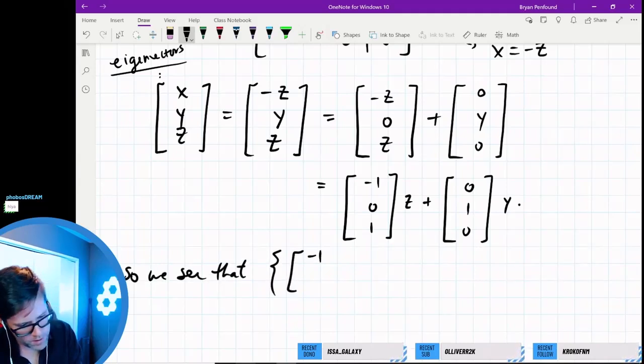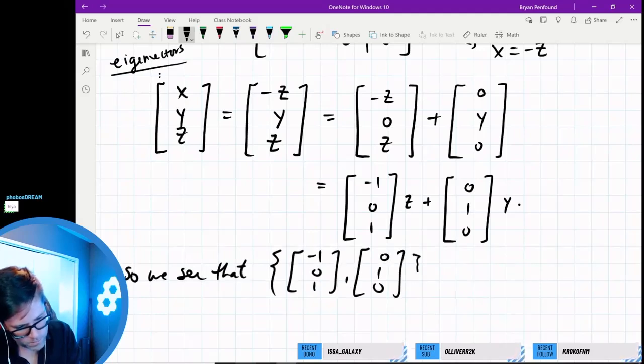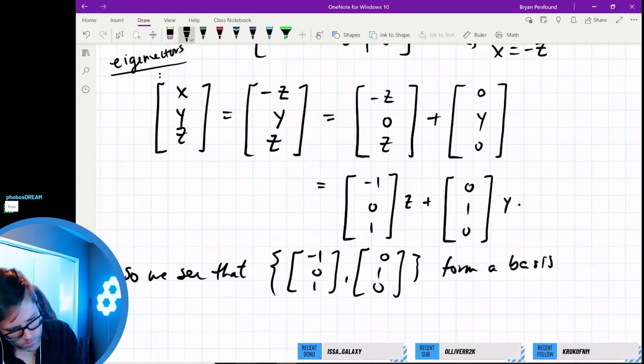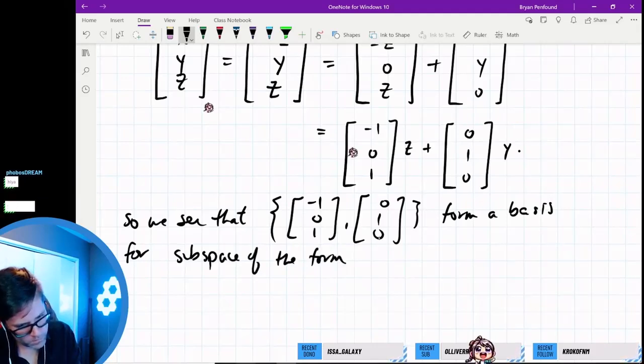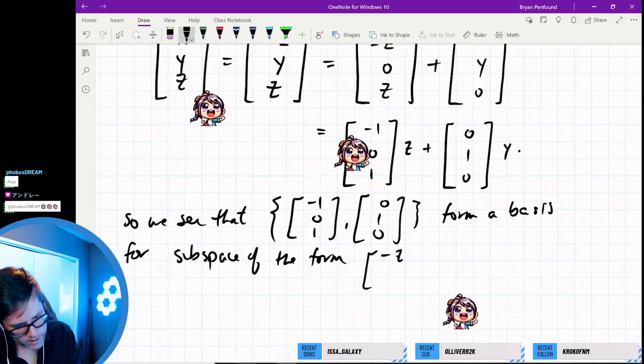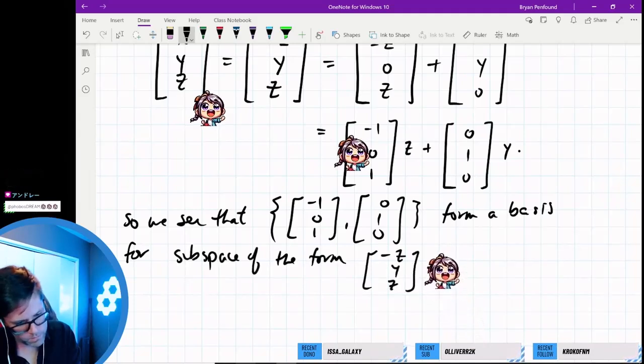Okay, so we can grab these vectors. These are going to form our basis for the space that looks like this, negative z, y, and z.